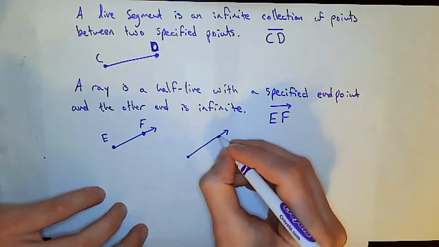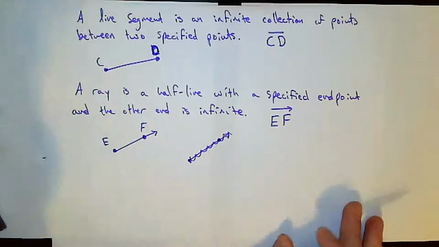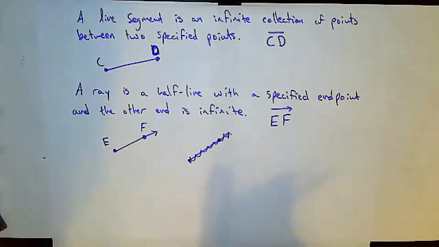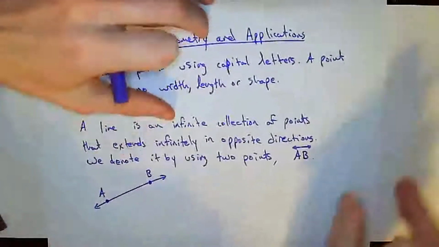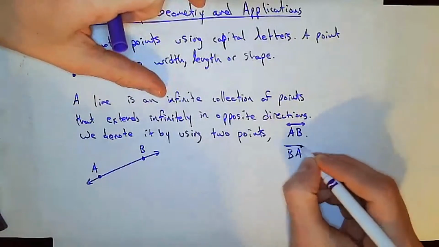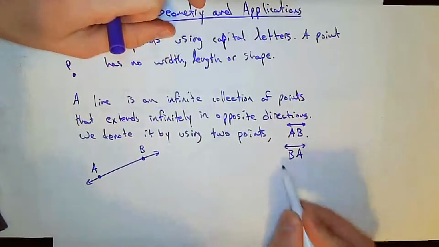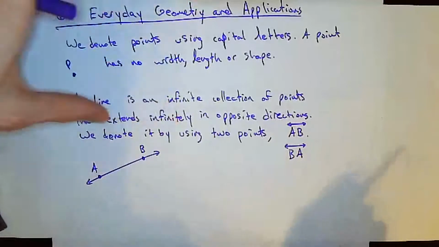Well, let's see. No, that's going to be confusing. Let me say it this way. This line segment I could name as AB, or I could name it as BA. No problem, order doesn't matter there.